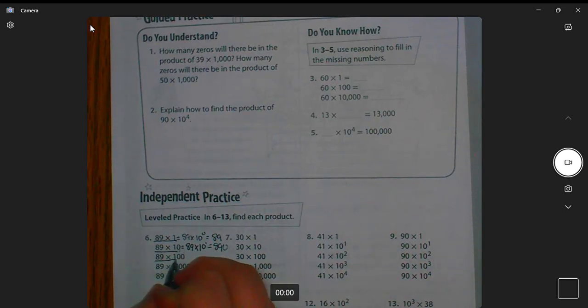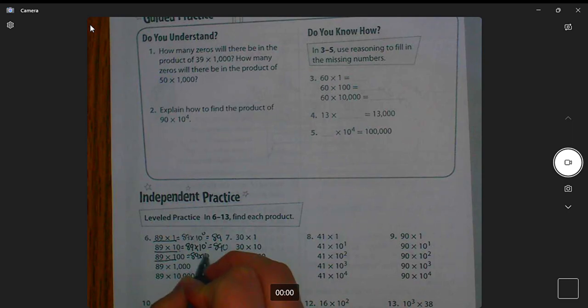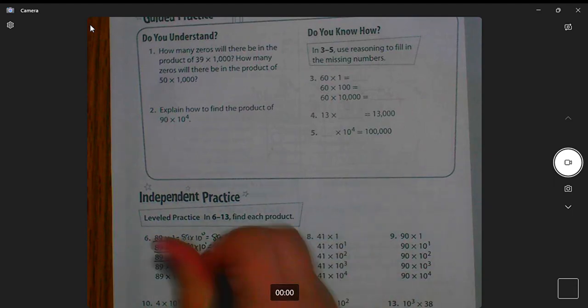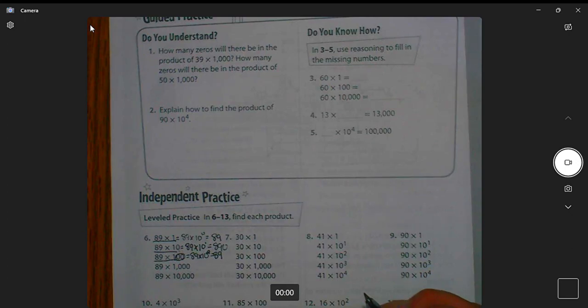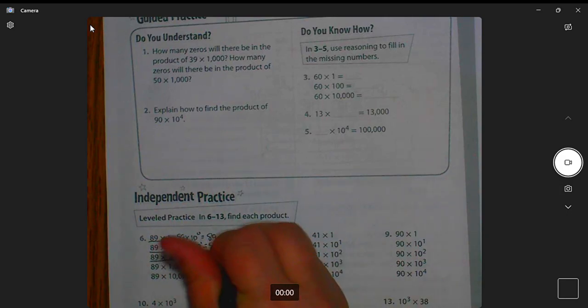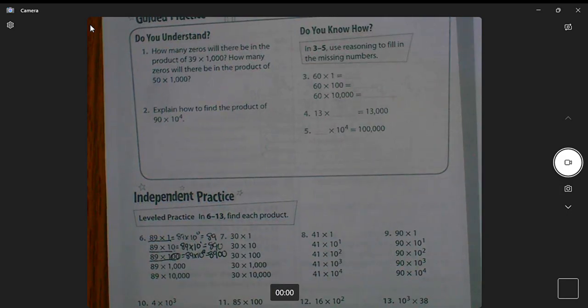Basic fact. How many zeros do I have right here? Right, so that's going to tell me my exponent, because that tells me I have 2 10s. So, basic fact, 89 times 1 is, right, and how many zeros do I have? What does my exponent tell me? Right, I have 2 zeros. You are so smart, I can't trick you.